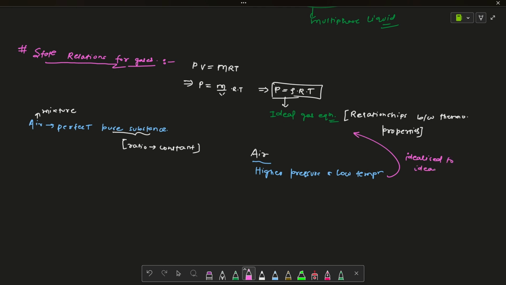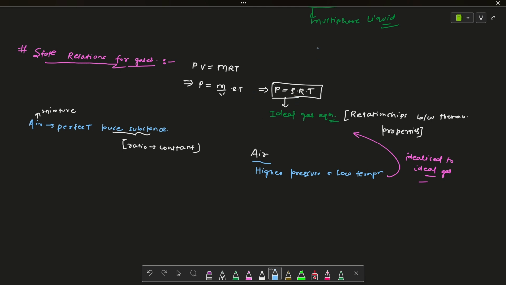When ideal gas is valid, we can use this equation to solve problems related to air. In most cases we take it that way only. We are not going to use an air chart or something to solve this.